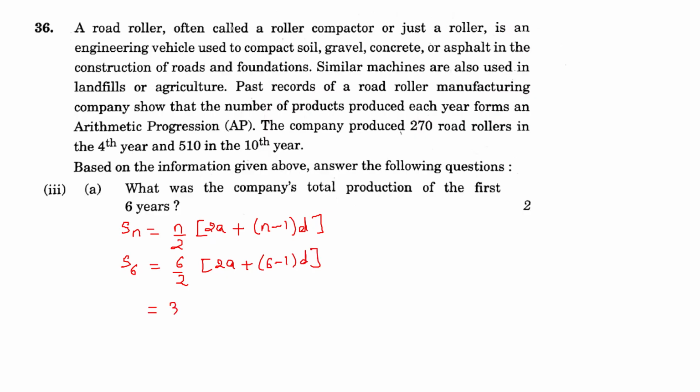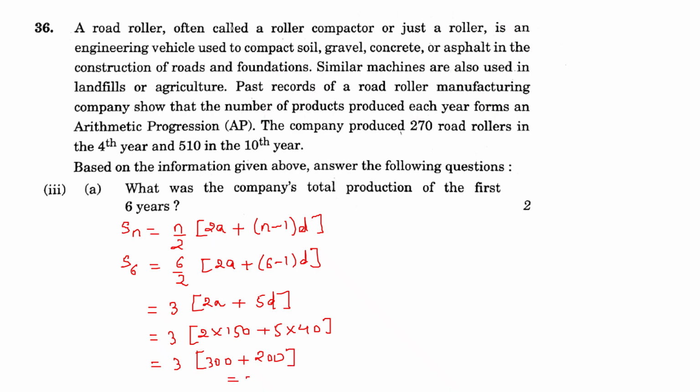Now 6 divided by 2 is 3, 2a plus 5d. We already have a and d value, so let's substitute it. So 2 into 150 plus 5 into 40. From here we will get 3 times 300 plus 200. So 3 into 500. The answer will be 1500. So the company's total production was 1500.